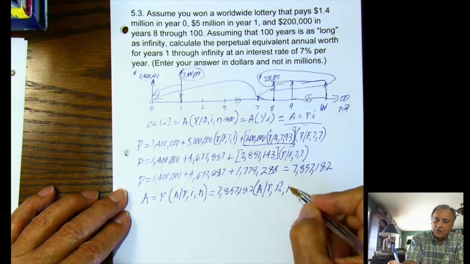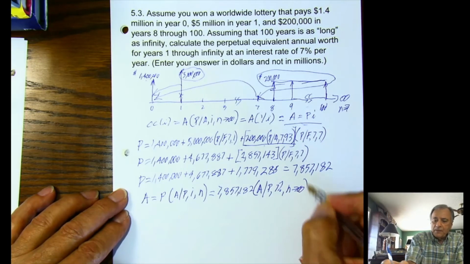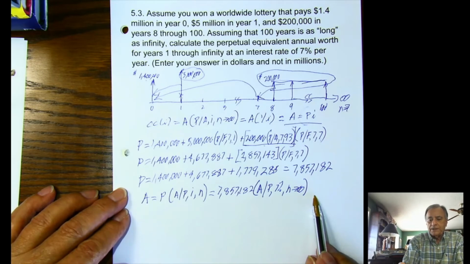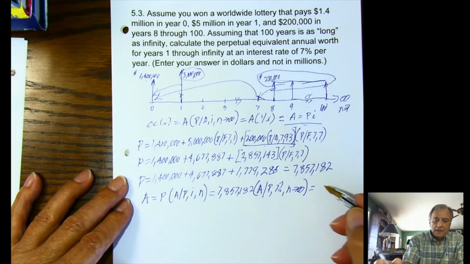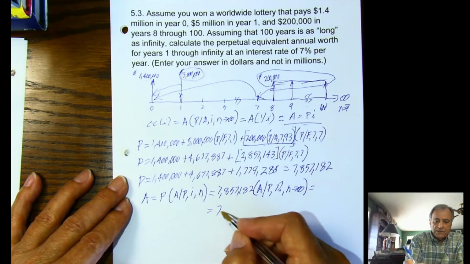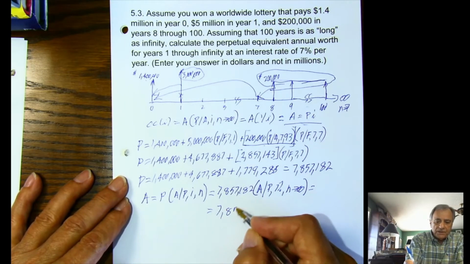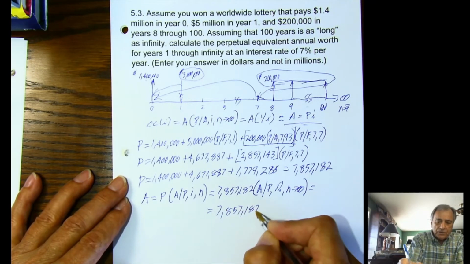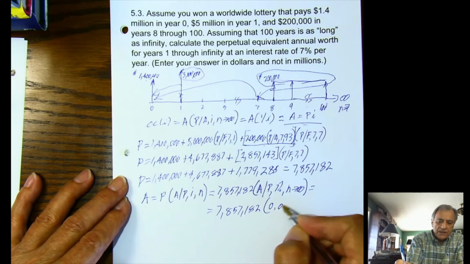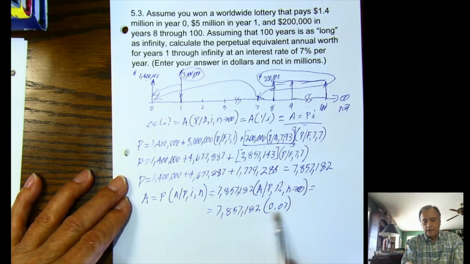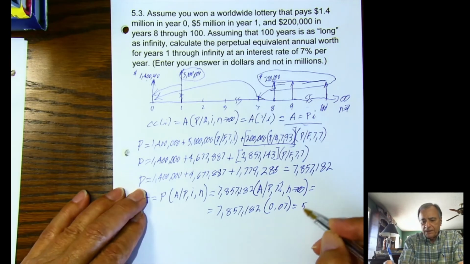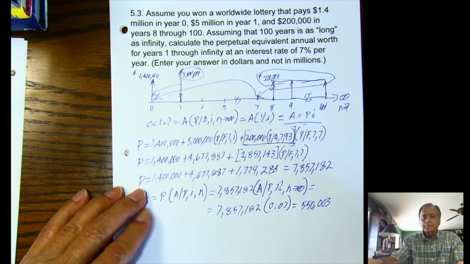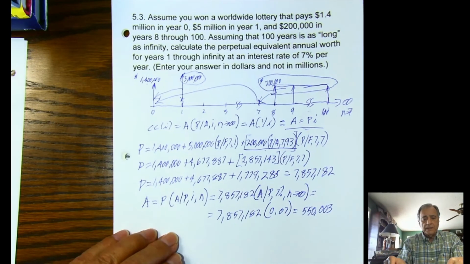As N goes to infinity, this whole quantity is just I. So this is going to be 7,857,182 times 0.07. That's the interest rate, which gives me $550,003. Now this is the answer I got.